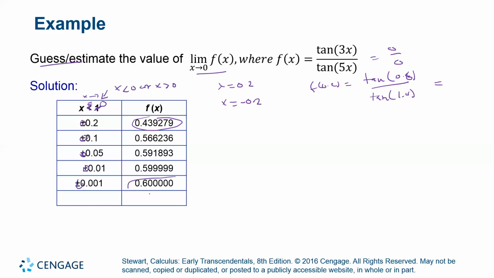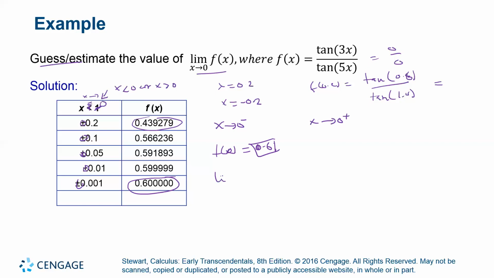Now, what is happening is that as x approaches 0 from the right, and x approaching 0 from the left, the function value is going towards 0.6 for everything.